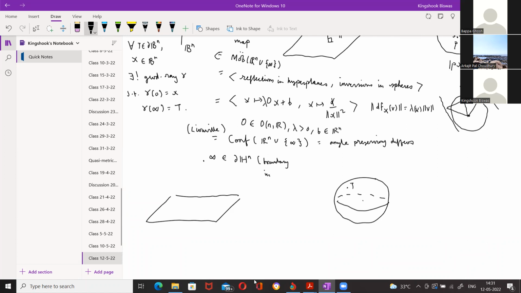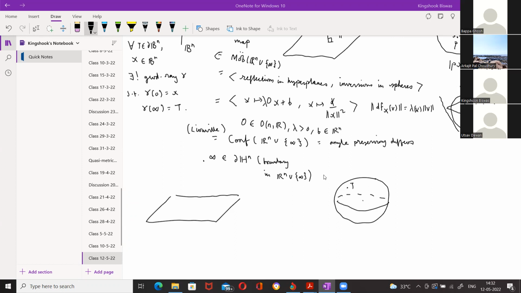Is that clear? Because by a rotation, I can move it to the North Pole, and then my Mobius map will send the North Pole to infinity. Is this clear?